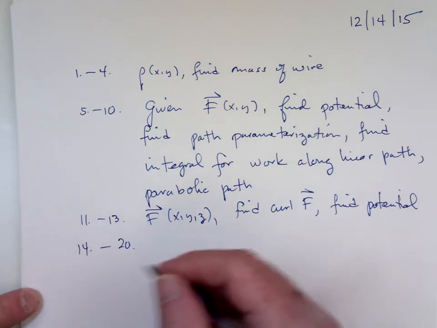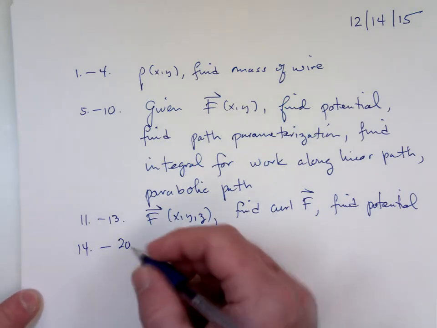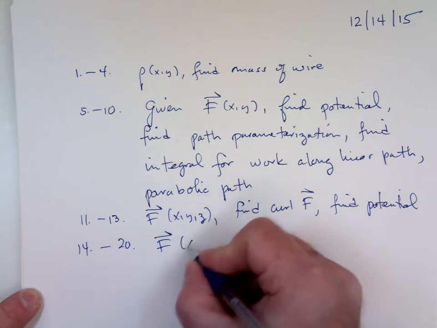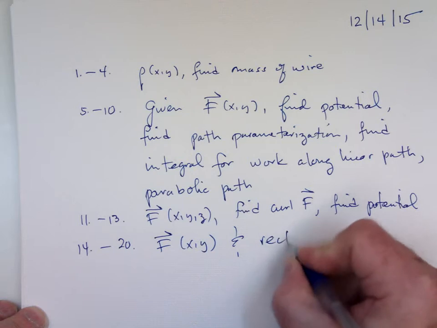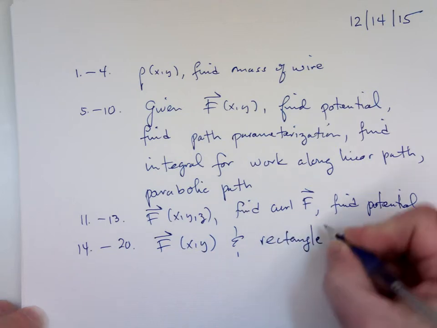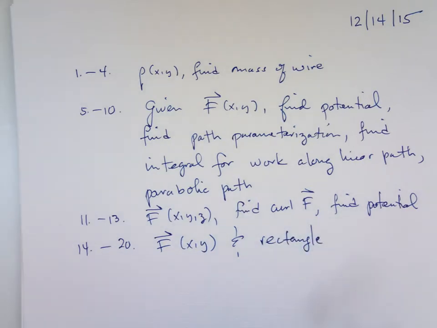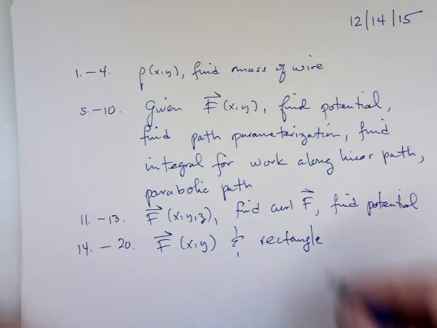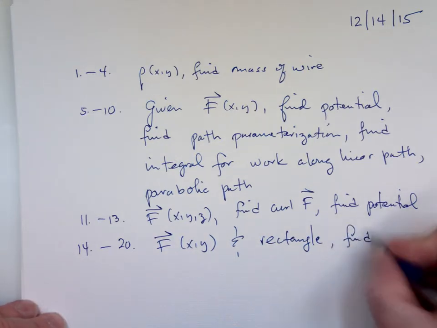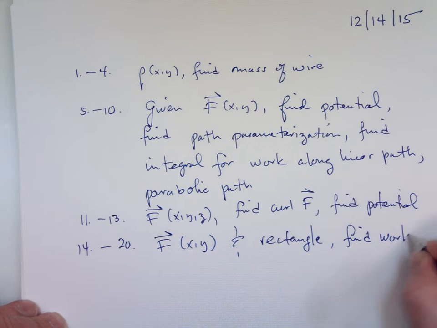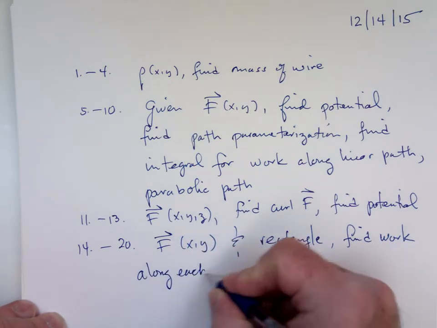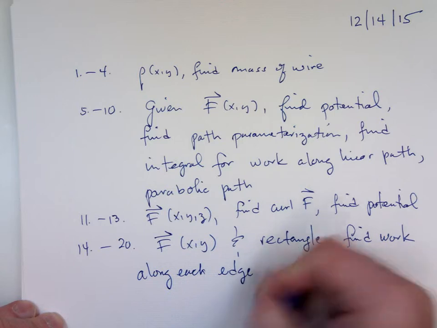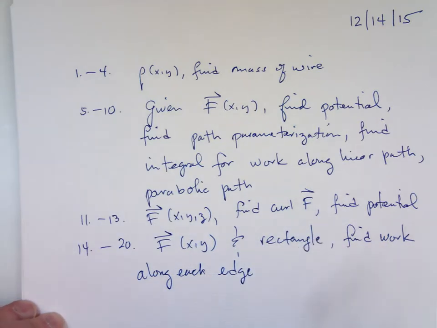All right, last one. I give you a vector field, okay, and a rectangle, and you got to find the work 2 different ways. Find the work along each edge, and verify the sum of the works along each edge.